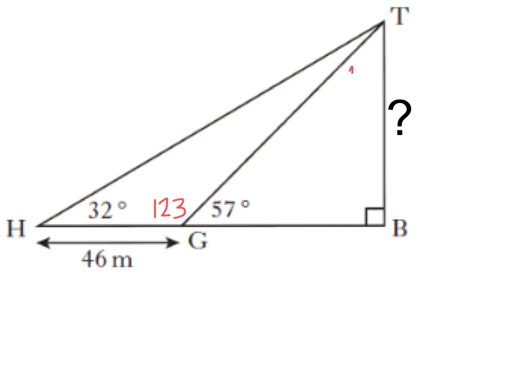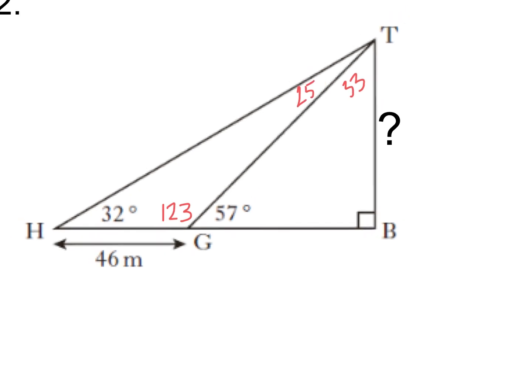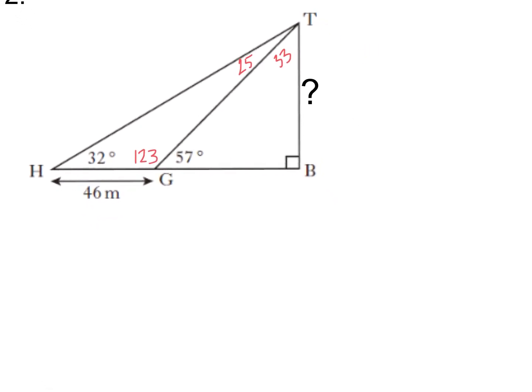So this one up here would be 33. And the last missing angle to get is that wee skinny one up the top. So your 32 add your 123 is 155. Take that away from 180, it makes this wee one up here 25. So in this one, your starting point is to fill in all your angles.